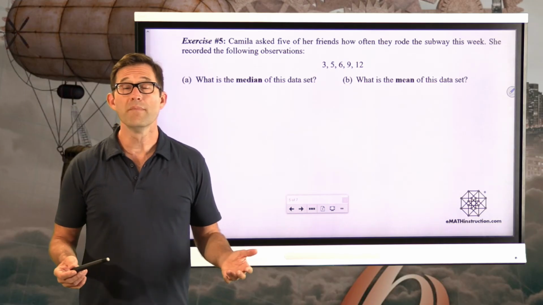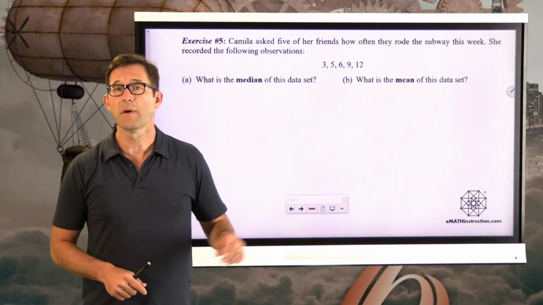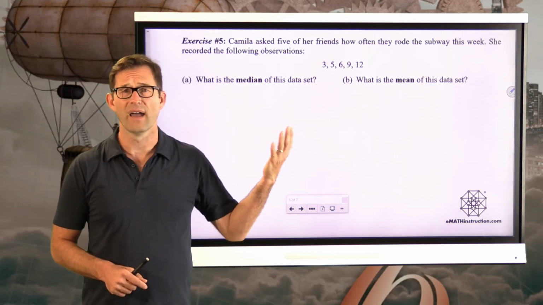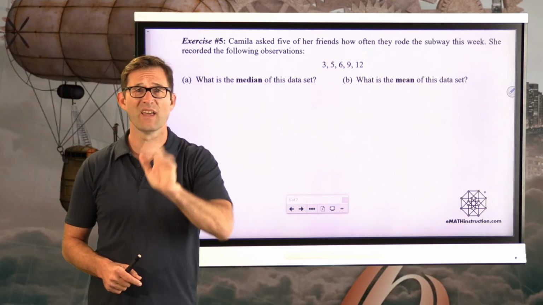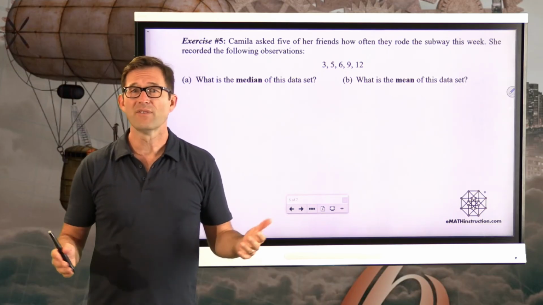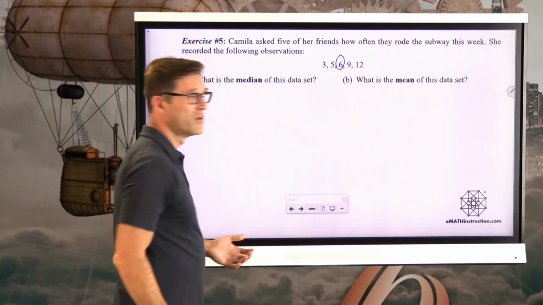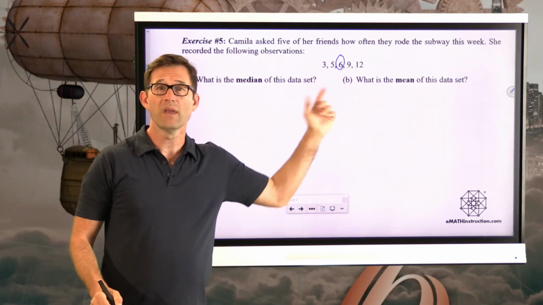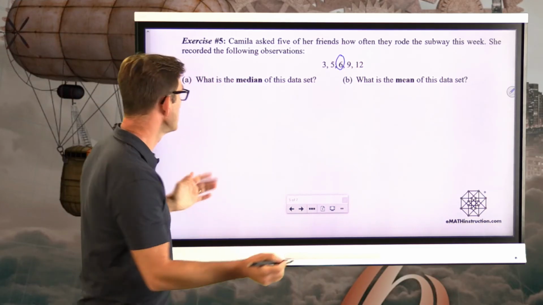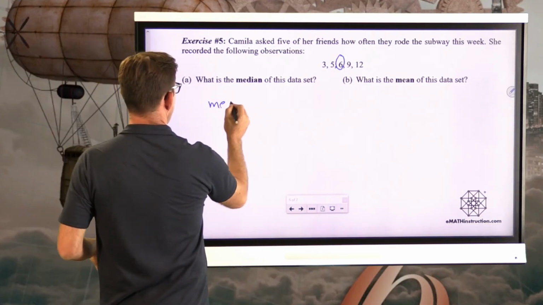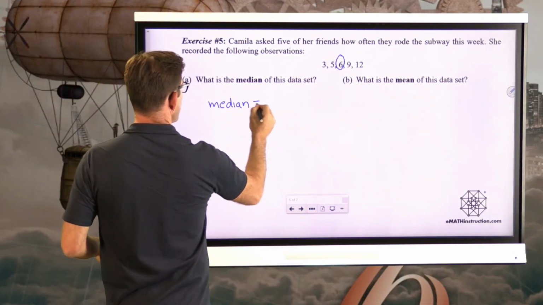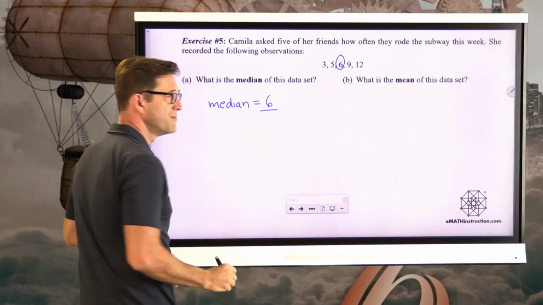All right, well, the median is super simple, especially when you have five data points, because the median's right here. You've got your 2 below the median, you've got your 2 above the median, so the middle number is 6.